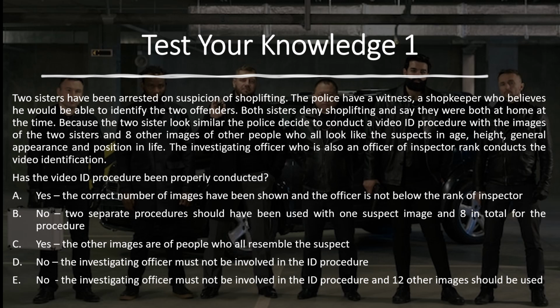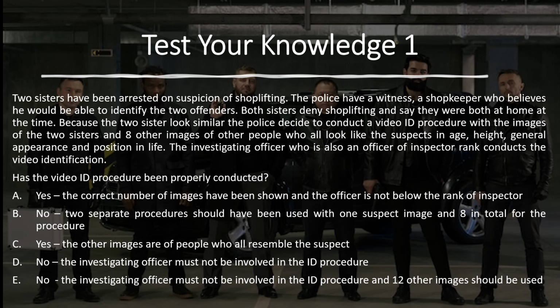The investigating officer, who is also an officer of inspector rank, conducts the video identification. Has the video ID procedure been properly conducted? A, yes. The correct number of images have been shown and the officer is not below the rank of inspector. B, no, 2 separate procedures should have been used with 1 suspect image and 8 in total for the procedure.